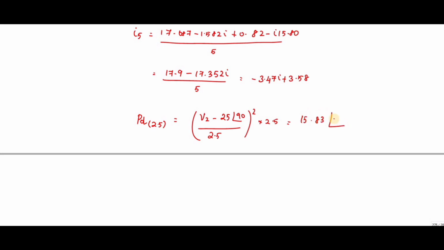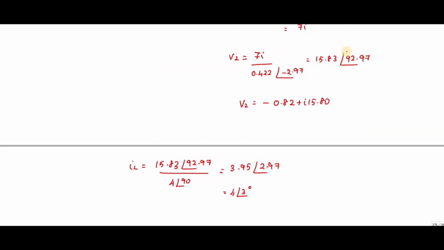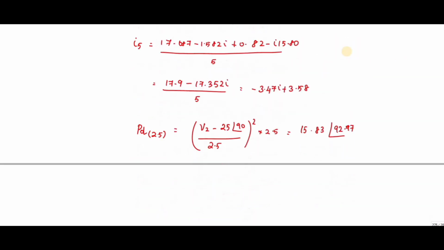Okay. So if you solve, this is 15.83 at 92.97, right? This is your V2. So V2 minus 25 of 90 degree divided by 2.5 whole square, into 2.5.